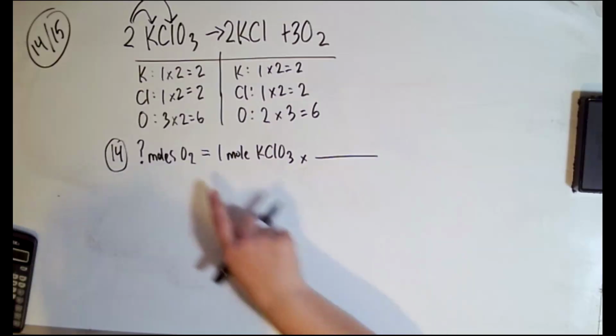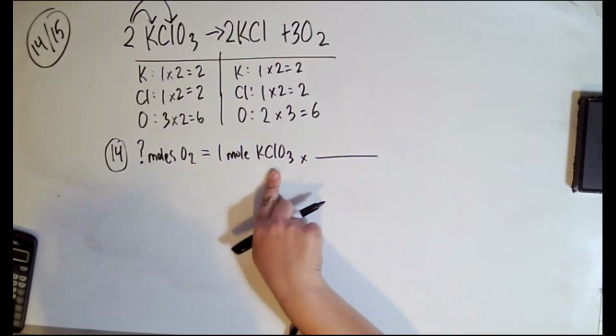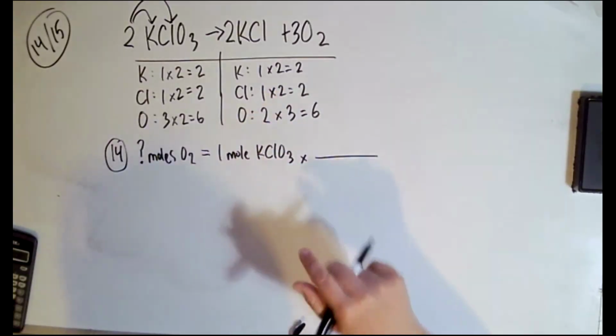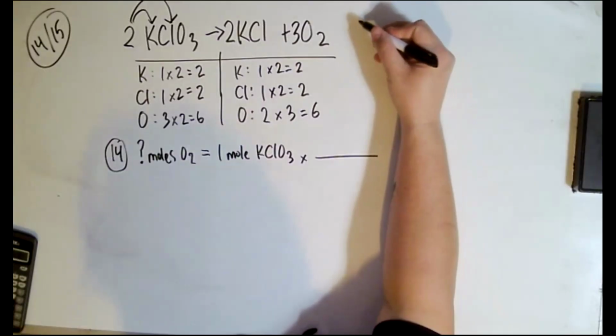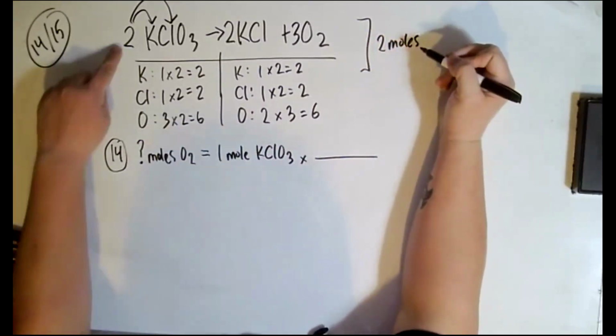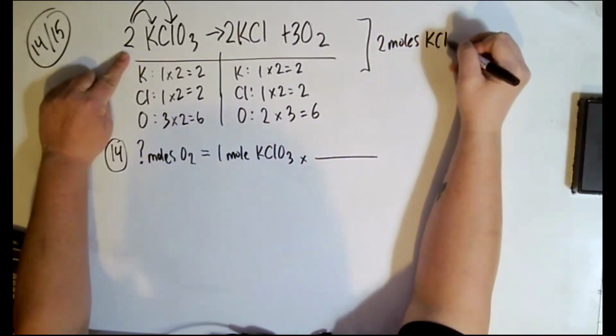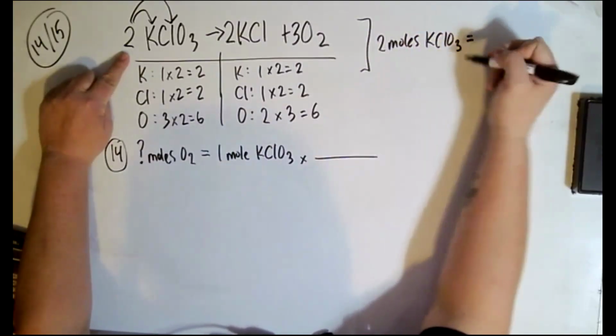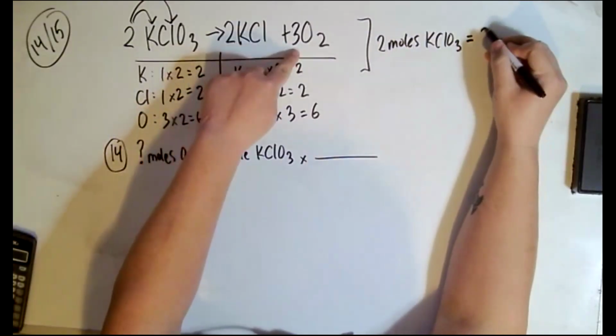And it's going to be the equality between oxygen and KClO3 from our reaction here. And from that reaction, what we can see is that every 2 moles of KClO3 are going to produce 3 moles of oxygen.